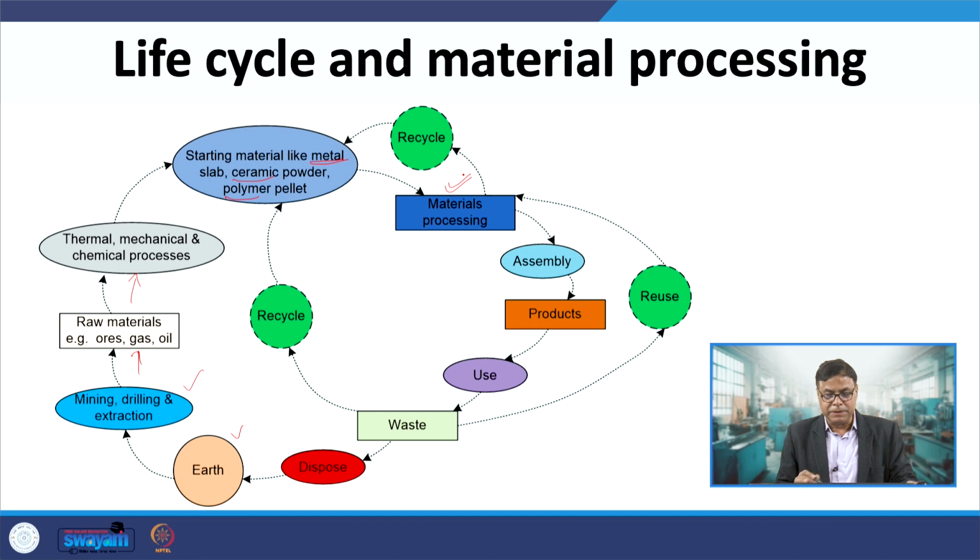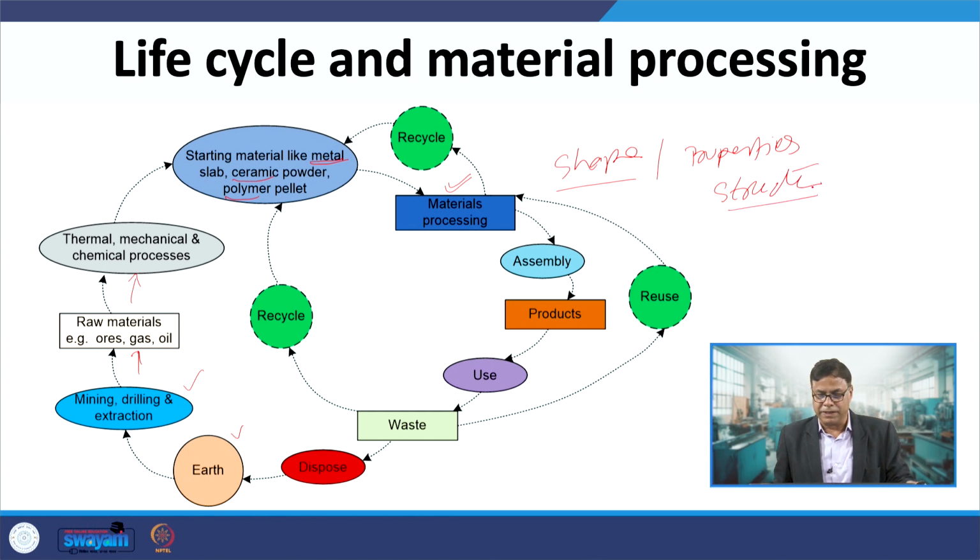The starting material is subjected to material processing to get the desired shape of the product coupled with the desired set of properties, which is realized through proper control of the structure of the material. The products made are then further used for making usable components and products like assemblies.